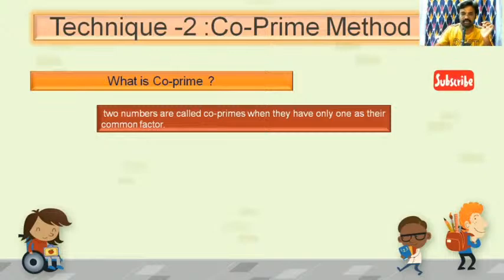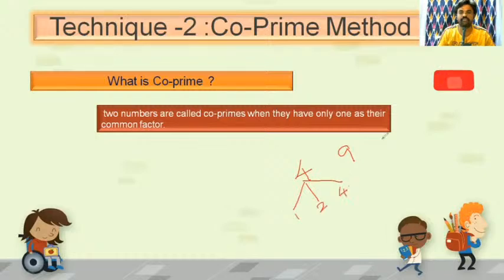For example, I'm taking 4 comma 9. Let us see the factors of 4 and 9. The factors of 4 are 1, 2 and also 4.